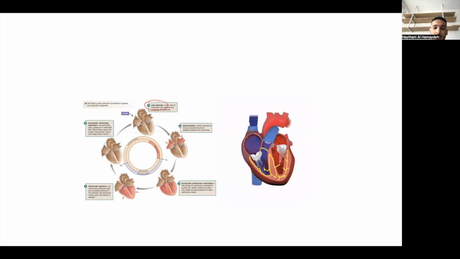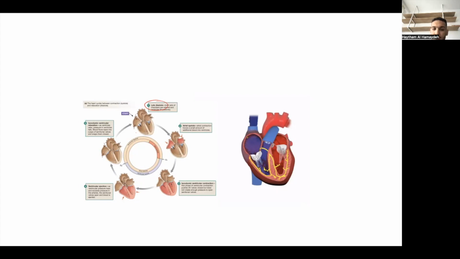Here all of the valves are closed, because now slowly the pressure in the ventricles is building up.